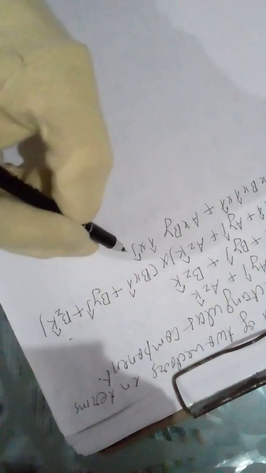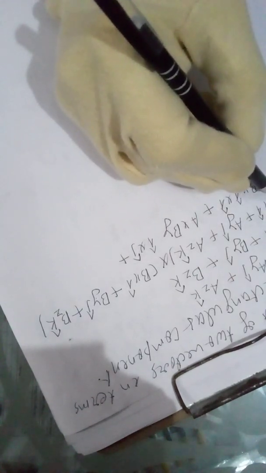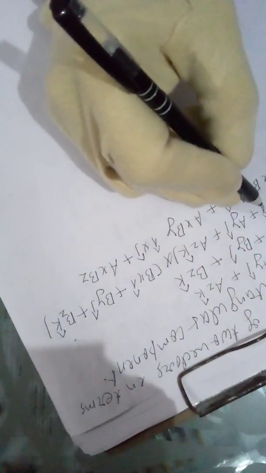Then ax with bz, plus into plus is plus, coefficient ax bz, and now the unit vectors i cross k.